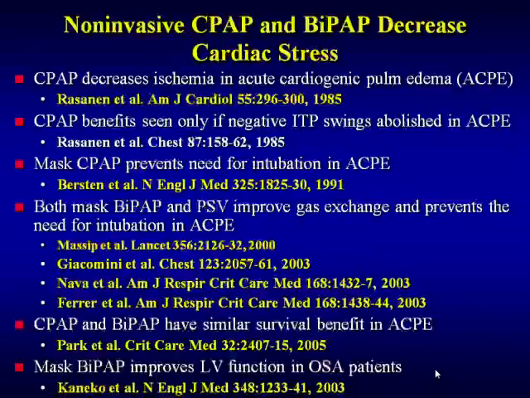And the number of studies that have shown that CPAP and BiPAP decrease cardiovascular stress are too numerous to count. As a matter of fact, the American Society of Emergency Medicine now says that the initial treatment for cardiogenic pulmonary edema is CPAP. The initial treatment, not secondary. The very first thing you do is put them on CPAP. You know why? Because in less than 5 seconds, they're getting better. Period.